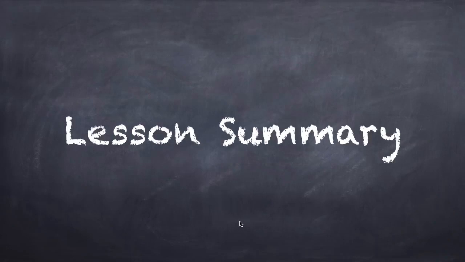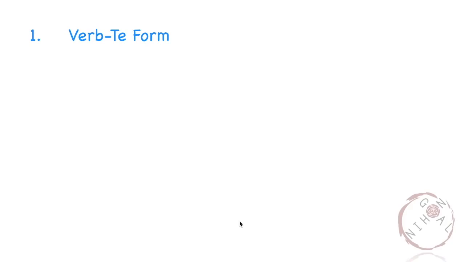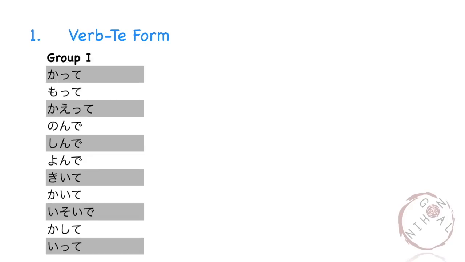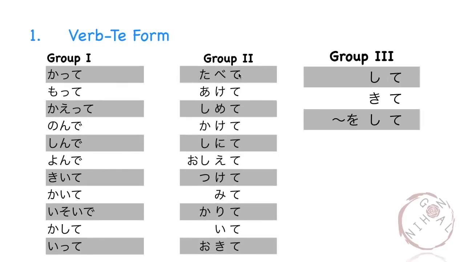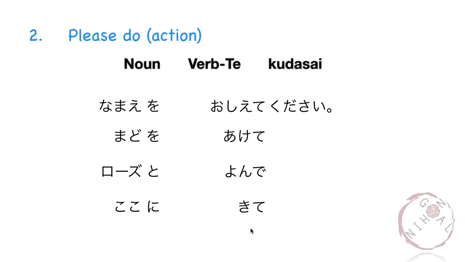Okay, let's have a short recap of what we've learned today. First is how to form the te form of the verb. For group 1, sometimes it would change to te, nde, ite, ide, and so on. For group 2 and group 3, we simply remove mas and replace that with te. Next is how to ask someone to do an action by using the te form of the verb followed by kudasai.